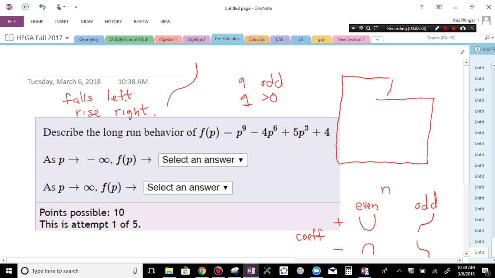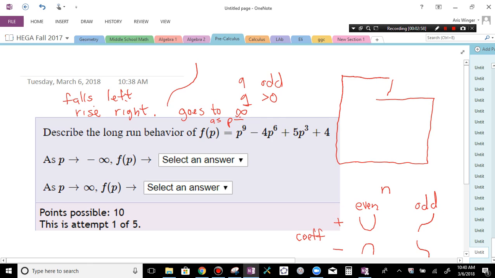The calculus way of saying this, of course, is that if it rises to the right, that means as p tends to infinity, the function goes to infinity.